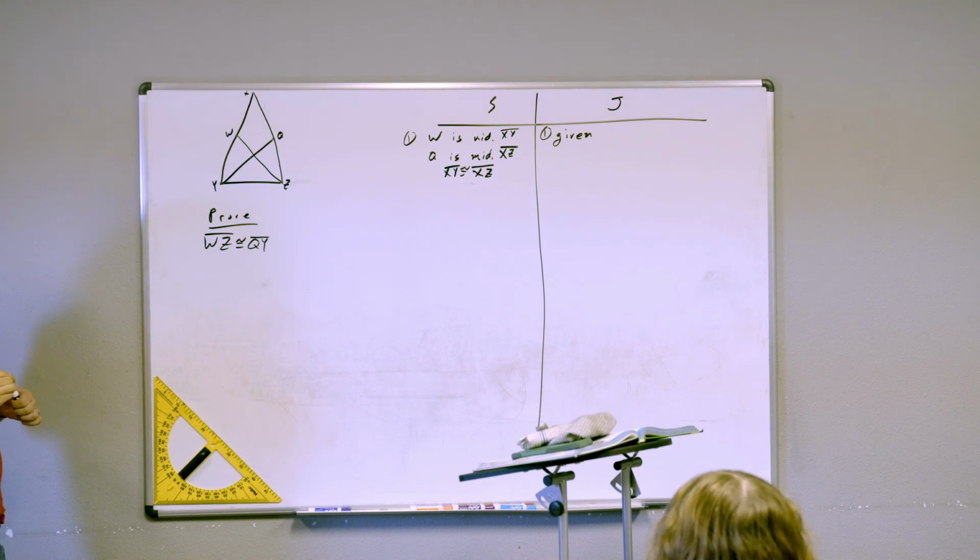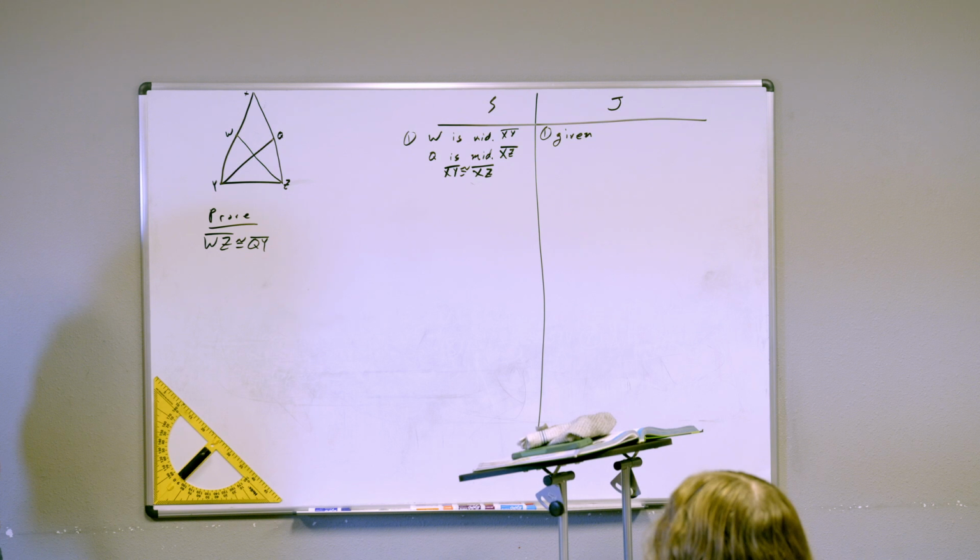Can we say that XY is congruent to QZ, the definition of midpoint? Because I don't think that's what you meant to say, but I don't know if that's the right justification. But you're trying to say XW and XQ, right? WY and QZ. Okay, sure.